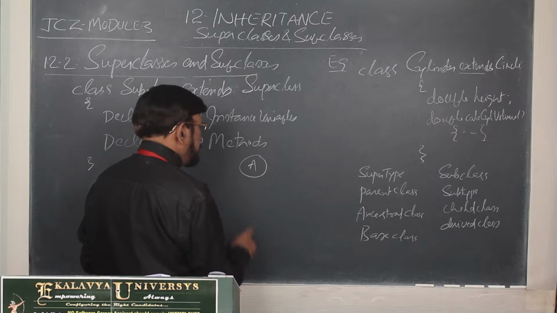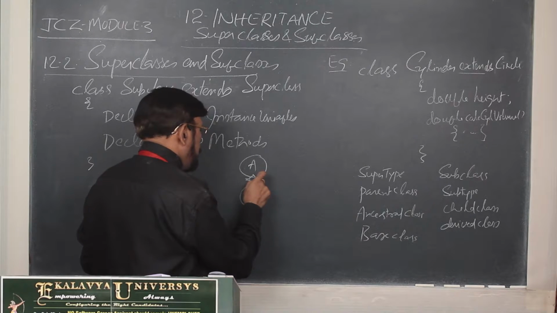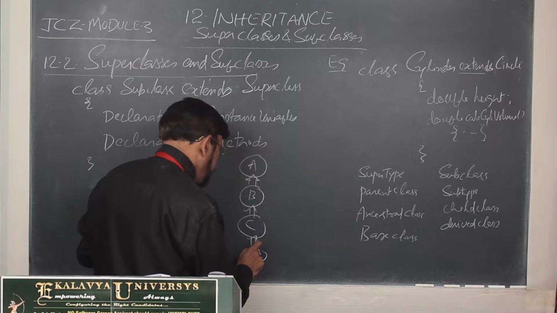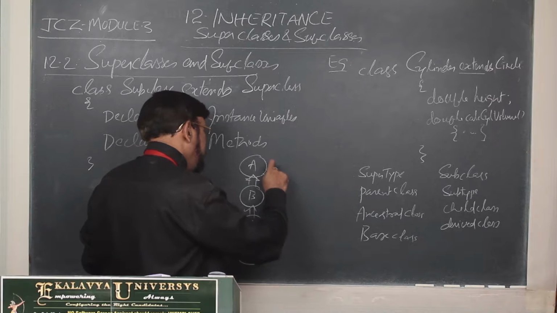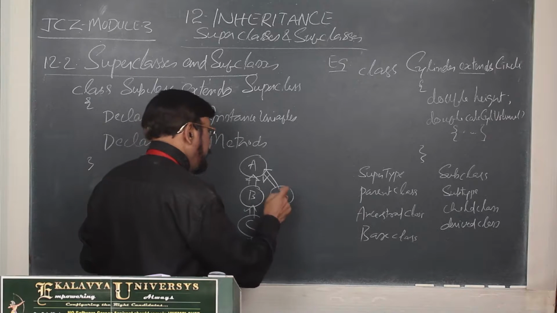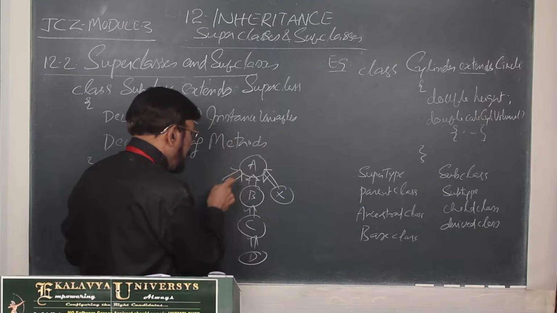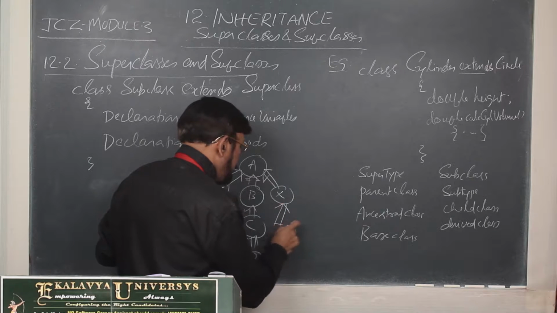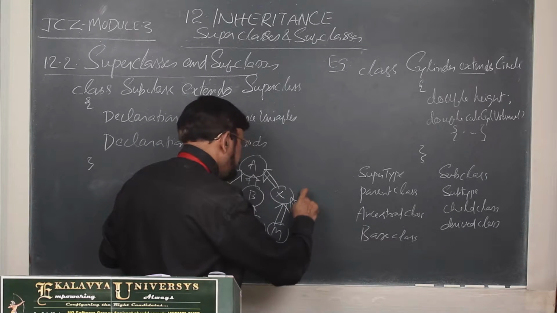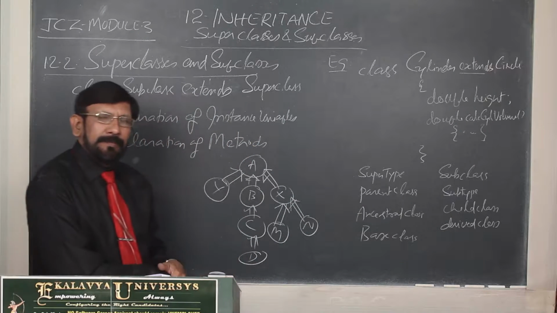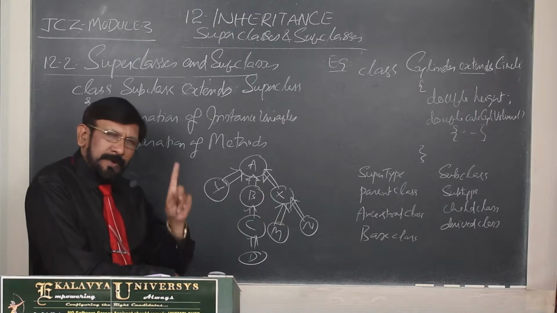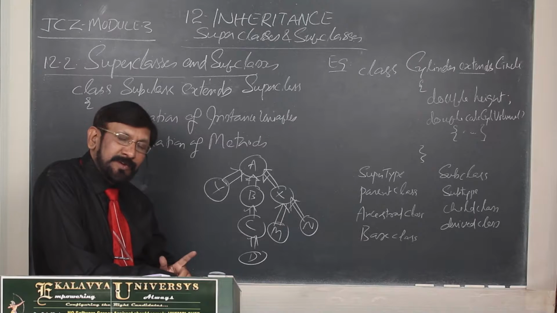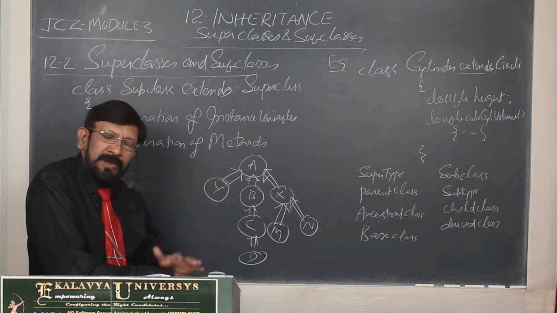Now, suppose A is a superclass, B, C, D, and from A you create X, Y. From this M, from this N. Like that, from each class, one or more subclasses can be created.